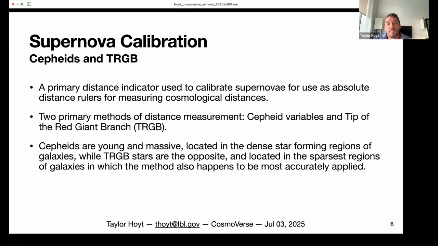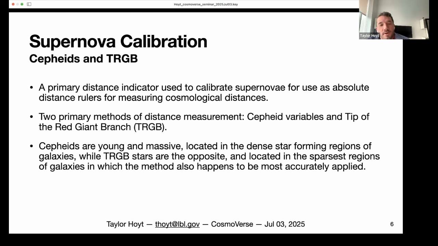Cepheids are young, massive, pulsating stars, easily identifiable given resolution and signal to noise via their very high amplitude sawtooth light curves as observed in the optical.